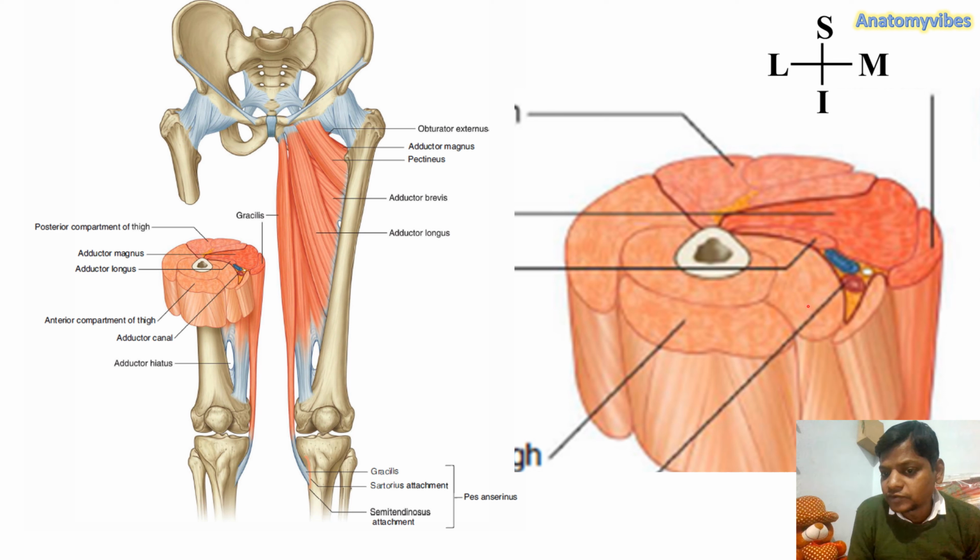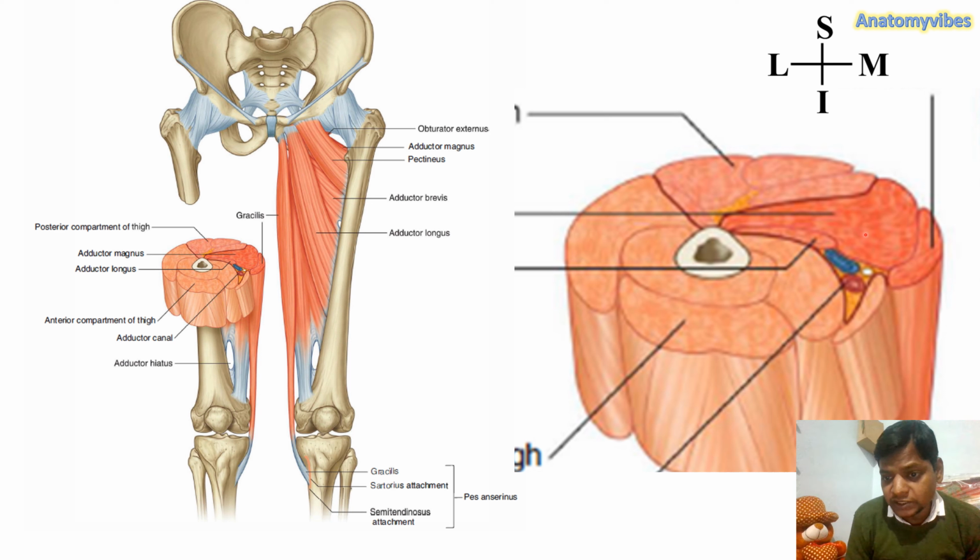Anterolateral boundary is formed by vastus medialis, and posteromedial boundary is formed by adductor longus as well as adductor magnus. So this is the overall boundary of subsartorial canal or adductor canal or Hunter canal.